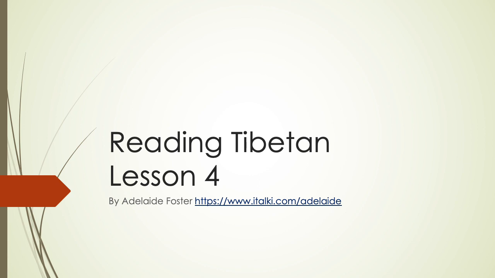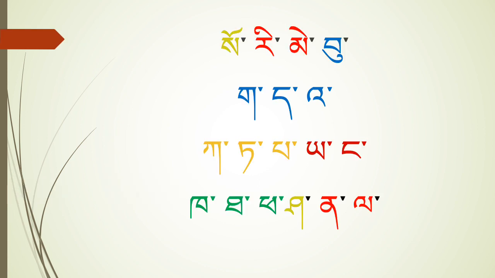Okay, so in lesson 4, we are going to see quite a few new letters. Don't worry, at first glance, it's not that many. The letters that we've seen in the previous lessons are all written here. In the first lesson, we saw so, ri, me, pu.